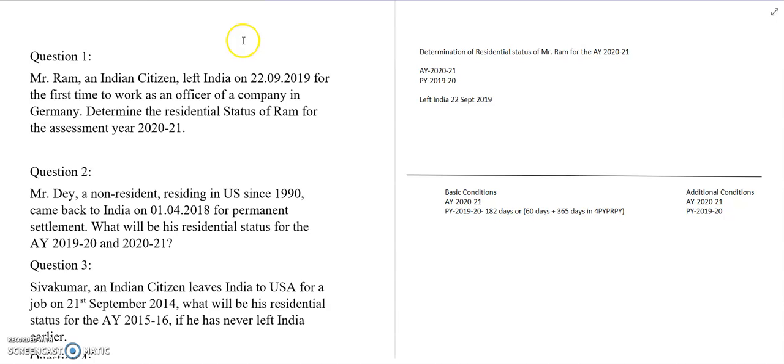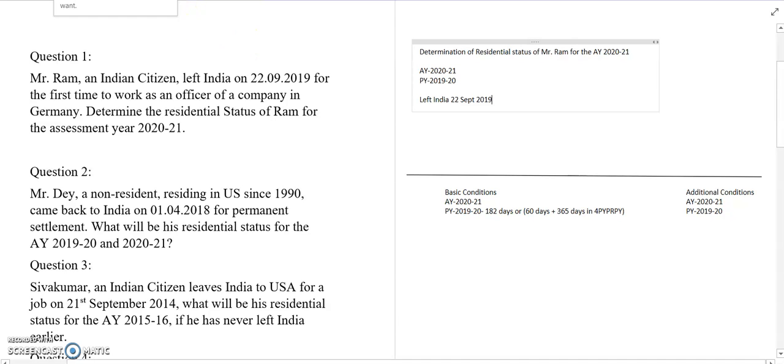So Mr. Ram left India on 22 September 2019. Now we have to check whether during 2019-20, that means from 1st April 2019 to 31st March 2020, his stay in India was for at least 182 days.